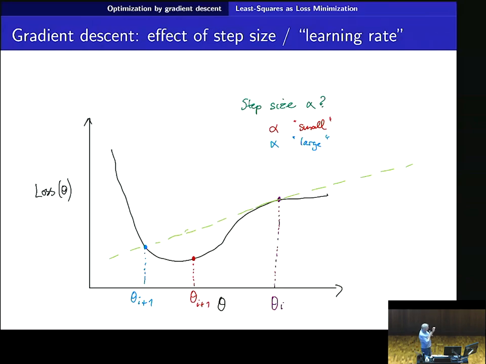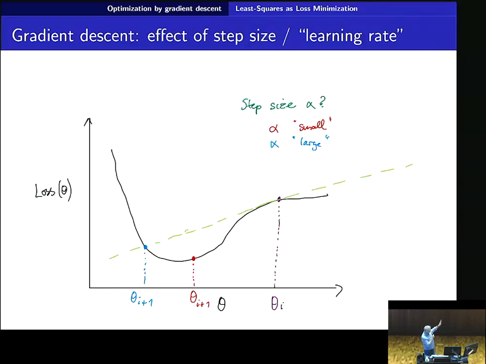in response to the current step. So let's say the current step has the value theta I, and we're at that purple point on the loss function. Now obviously when we're doing gradient descent, we don't know the shape of this function other than locally, at that particular point.